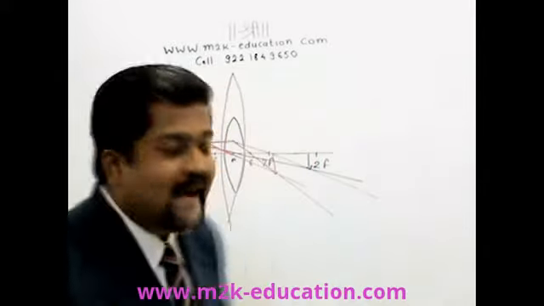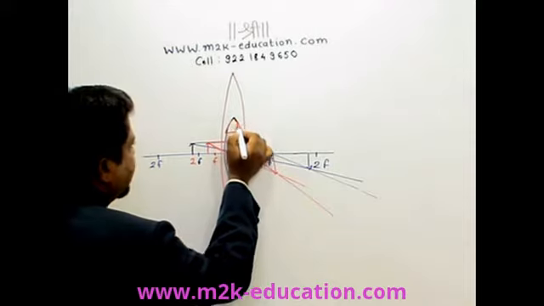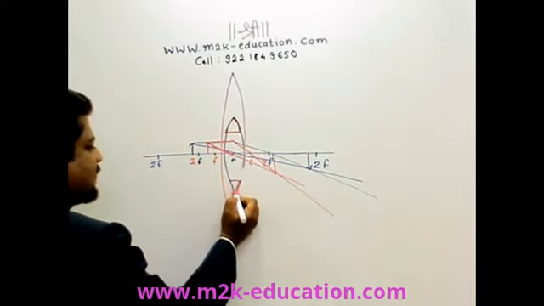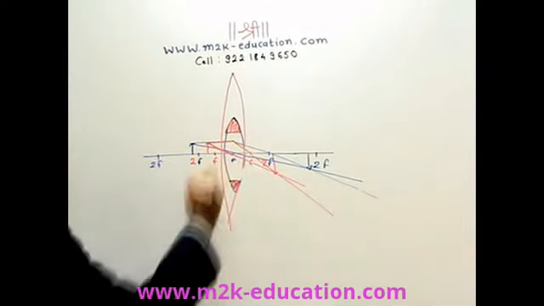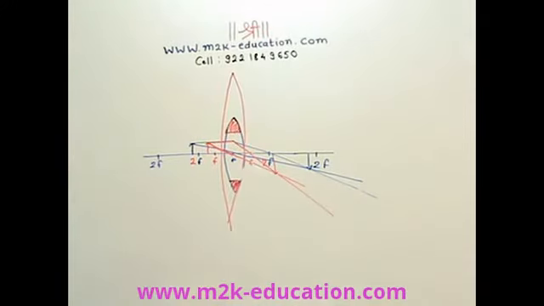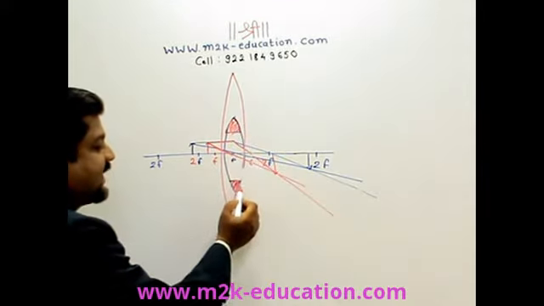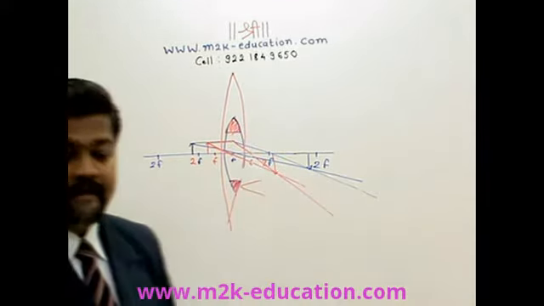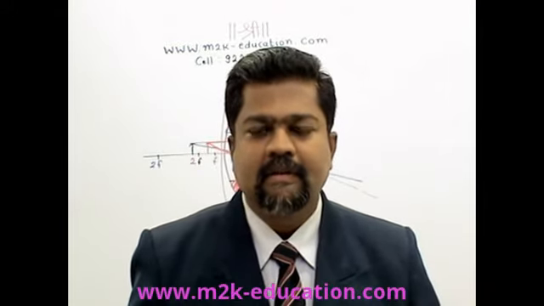The reason was that this portion of the lens, just look here, acts like a prism, and therefore light coming from these sides gets scattered, and you are aware that because of this dispersion of light, 7 colors are visible.